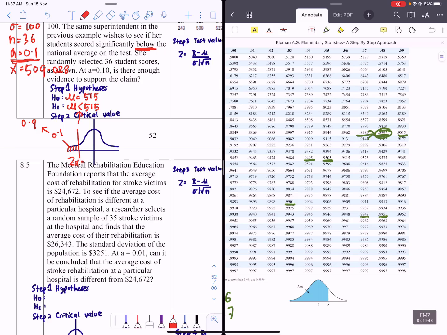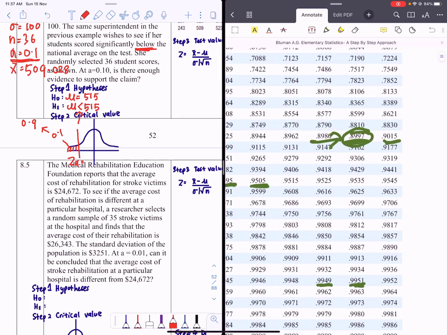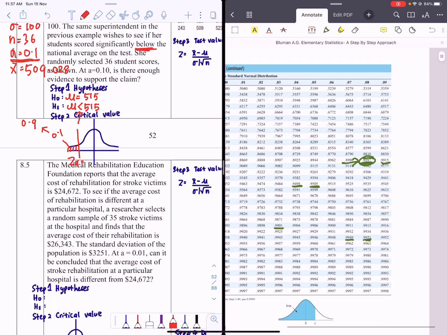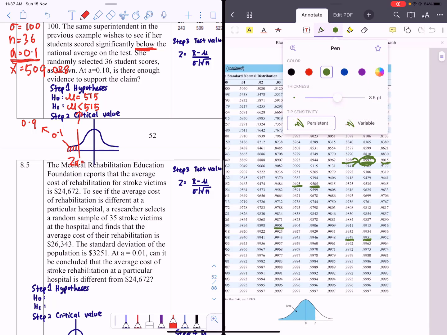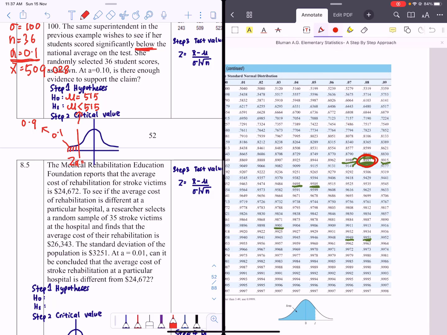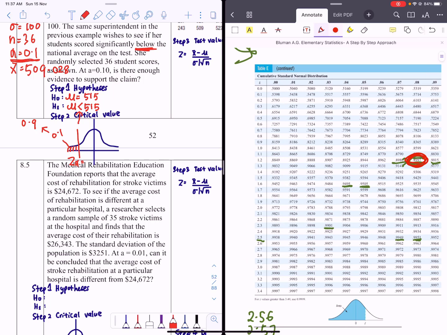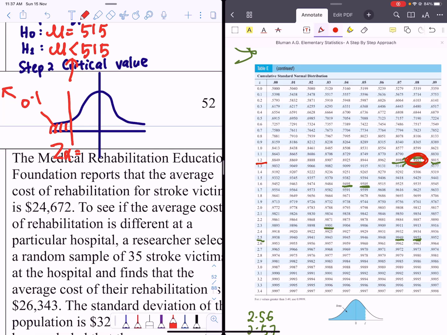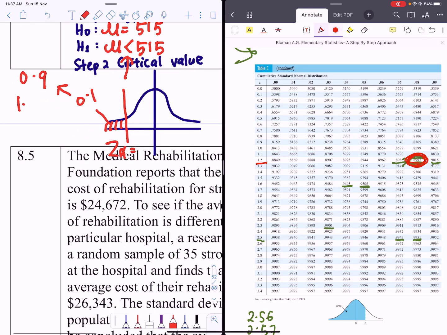So hopefully you understand and know how to find the Z score. Then 0.9, after doing the searching, here is the location. What is the value? 1.28. The answer will be 1.28.